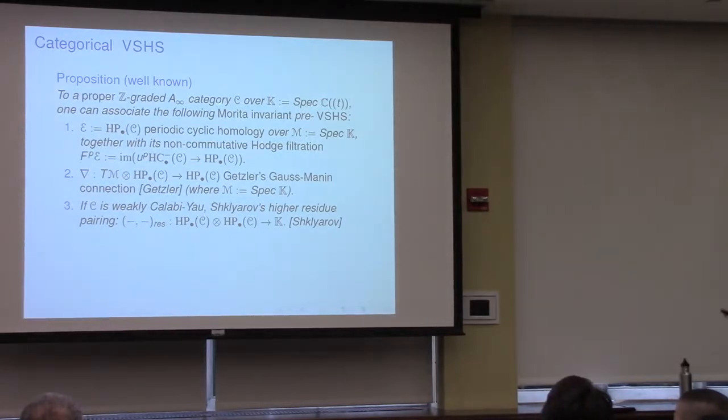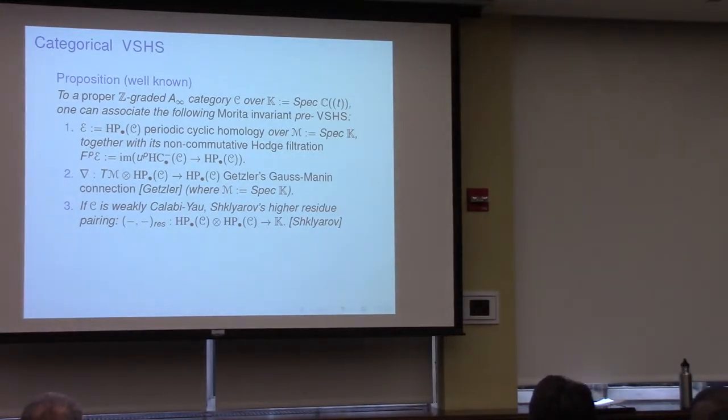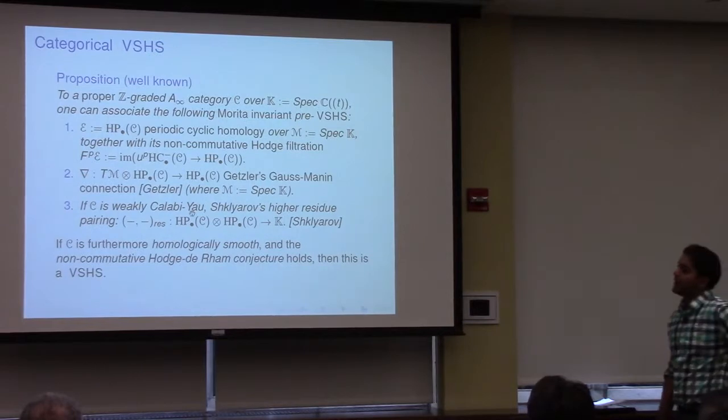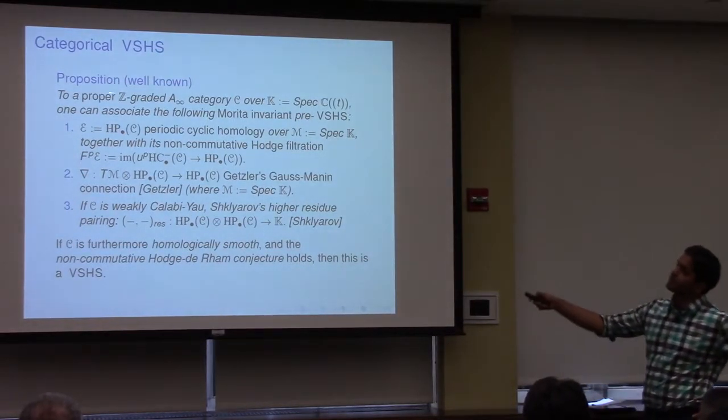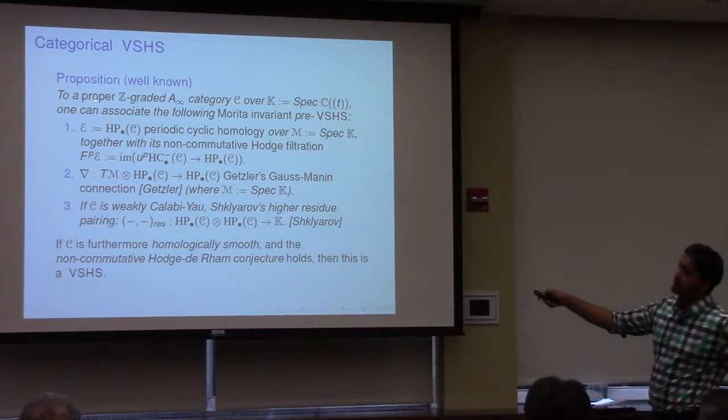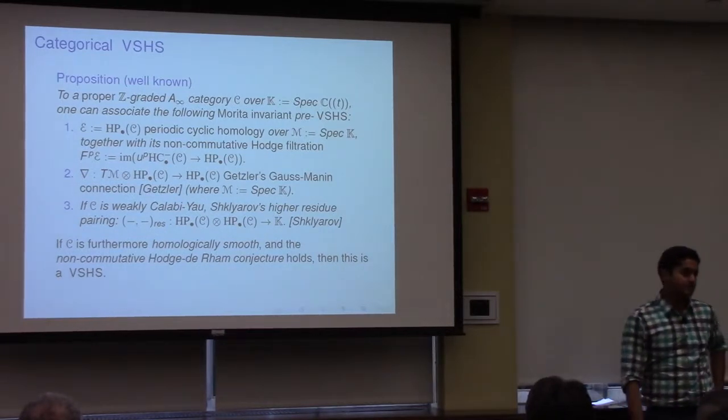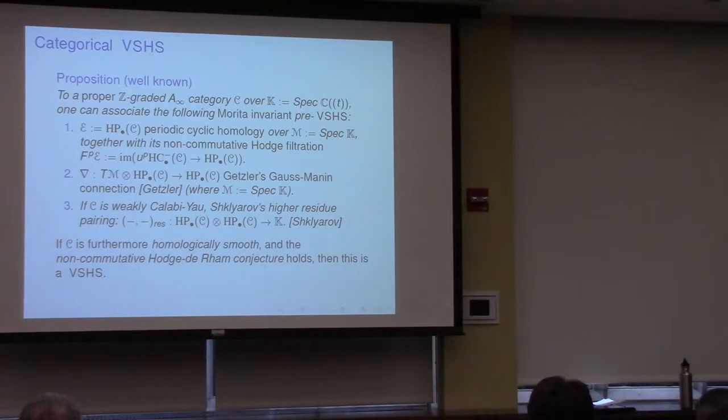Moreover, this is actually a Morita invariant. If you have a quasi-equivalence of split-closed derived categories, this categorical data is preserved. I should say, furthermore, the category has to be proper, which is to say the cohomology morphism spaces have to be finite rank over K, to get this off the ground.